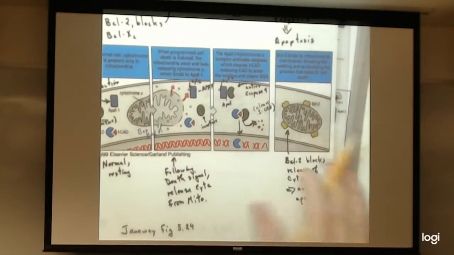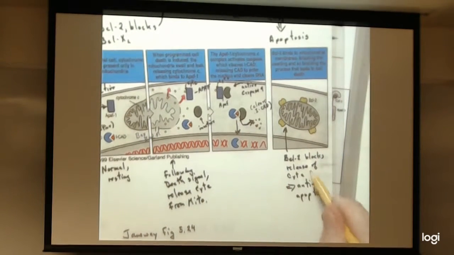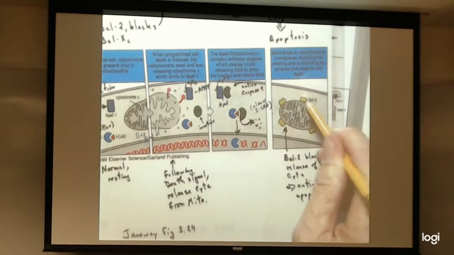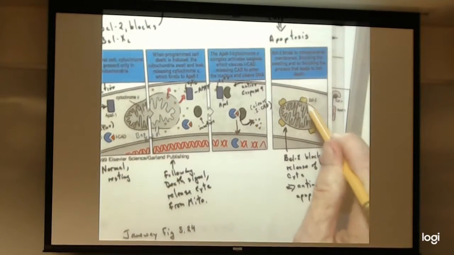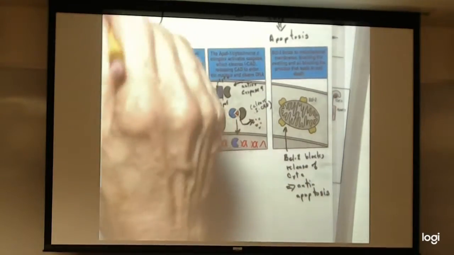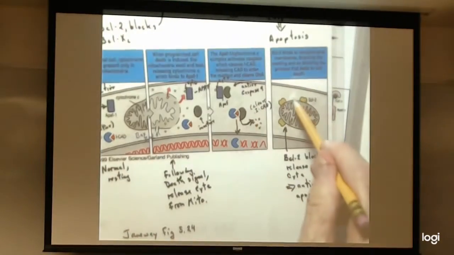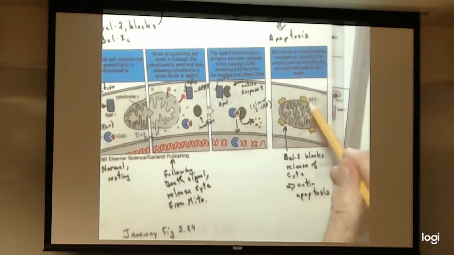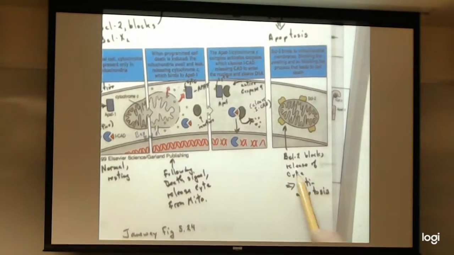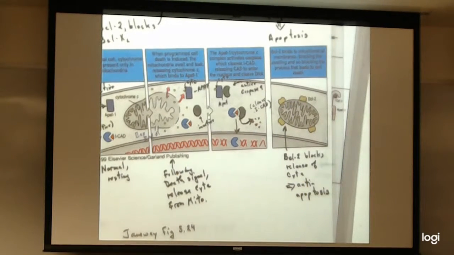Now there's an anti-death protein called BCL2 that lives in the membrane of the mitochondria. And BCL2 prevents guys like BAD and BAX from making pores. So BCL2 is anti-death. It blocks the release of cytochrome C that would have been caused by this death gene producing BAD or BAX.